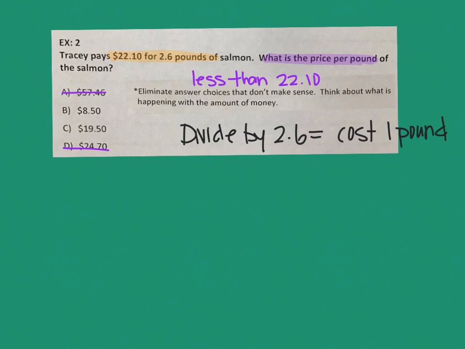Okay, I'm going to set up my problem. 2.6, it's going to divide into 22.10. There's a decimal on the outside, so I want to move it and move it on the inside. I can move my decimal up into my answer so it's ready to go. 26 now, it's pretty close to 30.